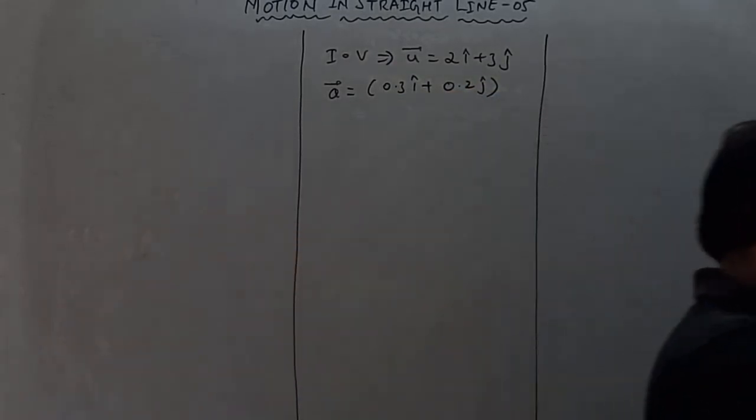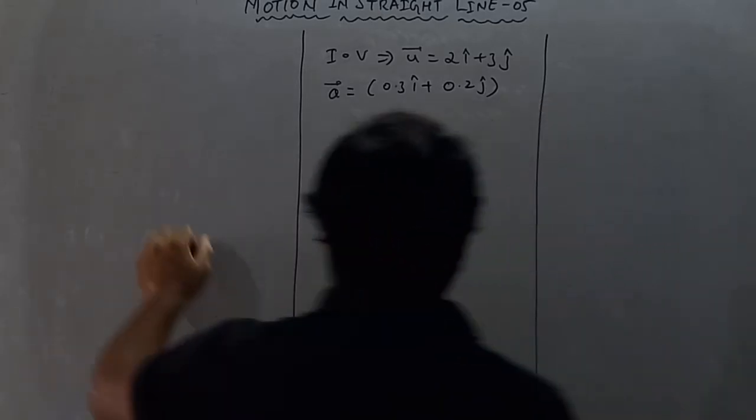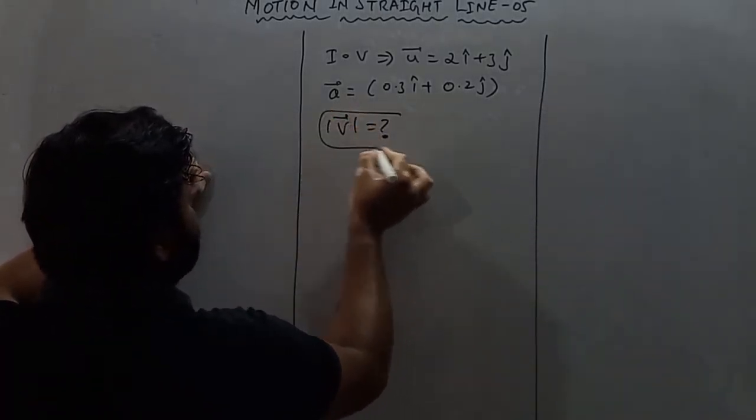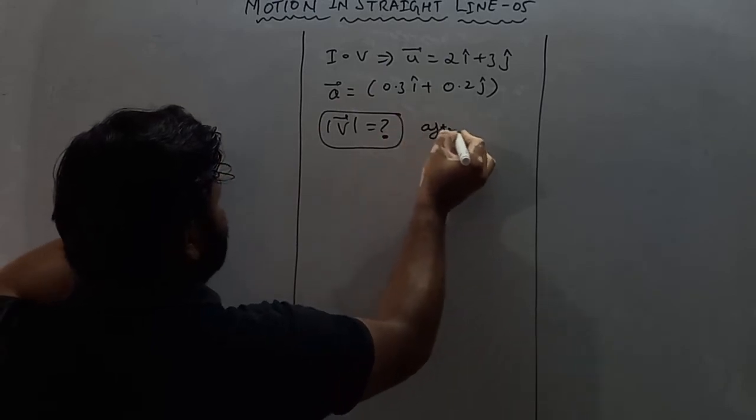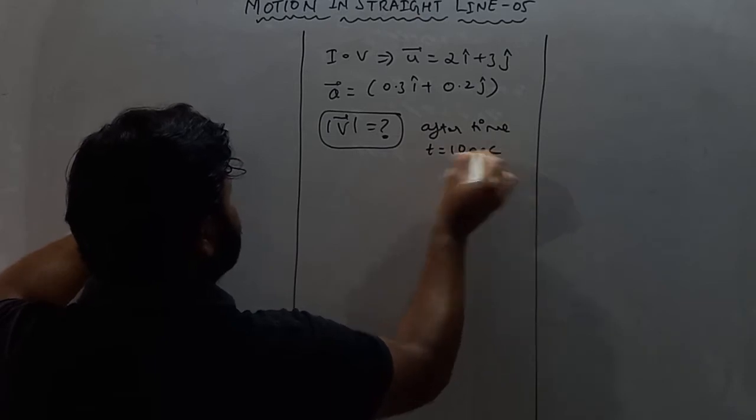So initial velocity is given, acceleration is given. You have to find the magnitude of velocity, my dear students, after time t equals 10 seconds.